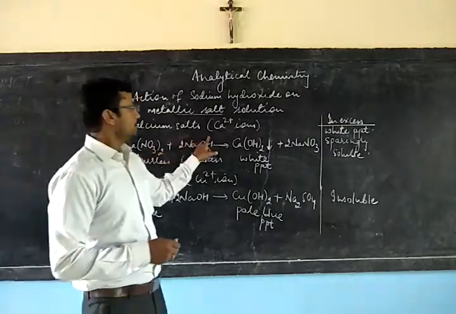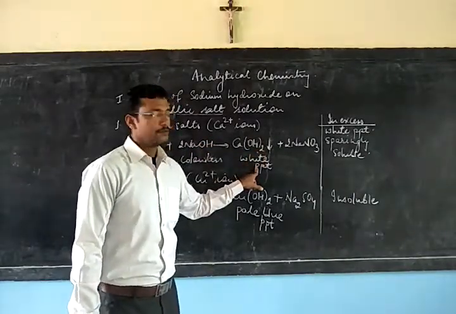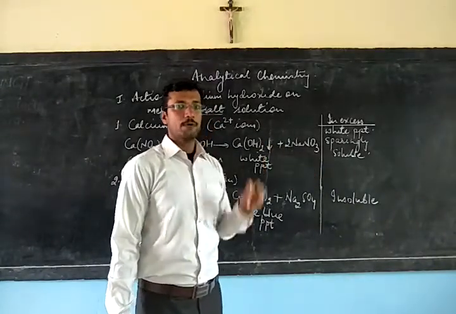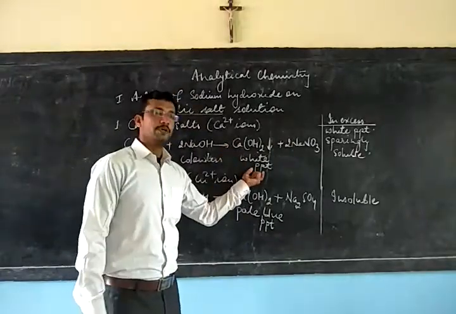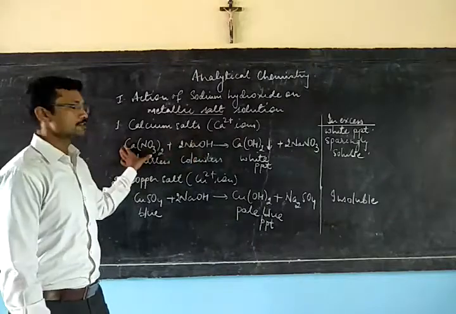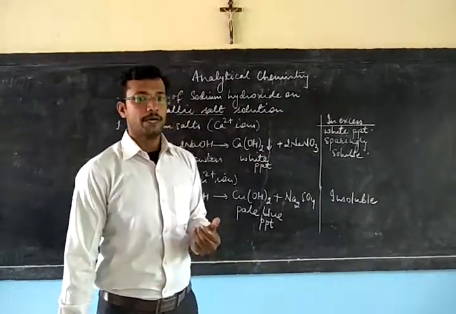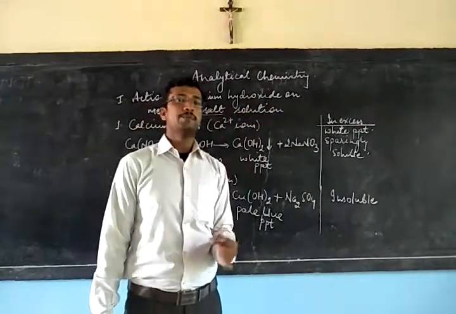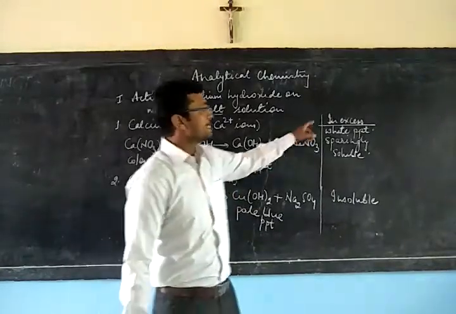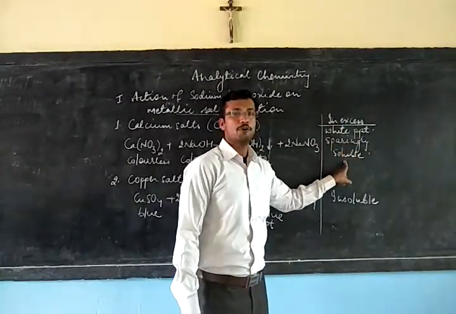So the reaction forms calcium hydroxide, which is a white precipitate, and the other product is sodium nitrate. Let me repeat once again: we get this product on adding a few drops of sodium hydroxide solution to this salt. Now if you increase the quantity of sodium hydroxide added to the same precipitate, it is found that in excess sodium hydroxide the white precipitate is sparingly soluble.